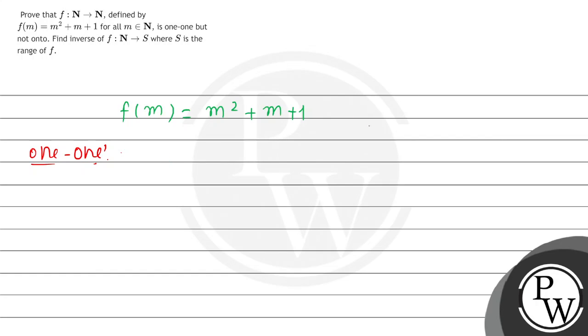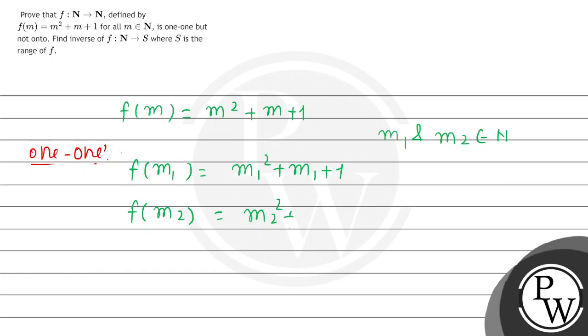So let's suppose m1 and m2 both belong to the natural numbers. Here we'll put f of m1 equal to m1 square plus m1 plus 1, and now we'll put m2 and get m2 square plus m2 plus 1. Now we'll equate these two.